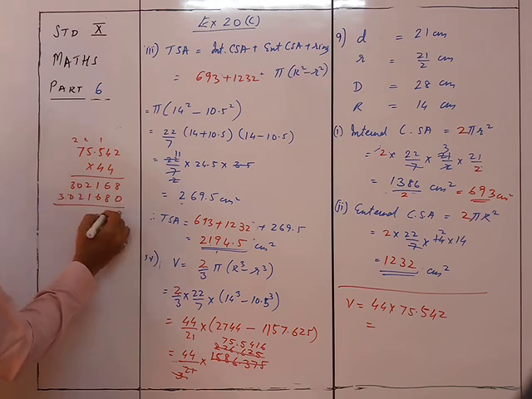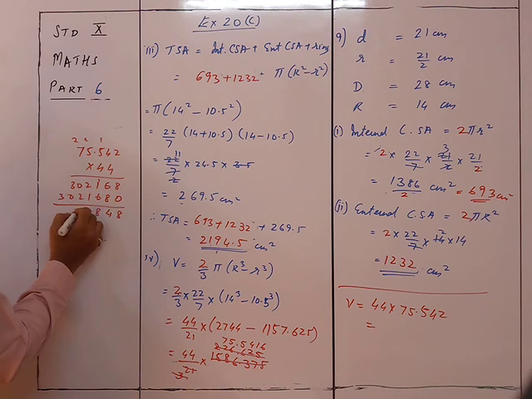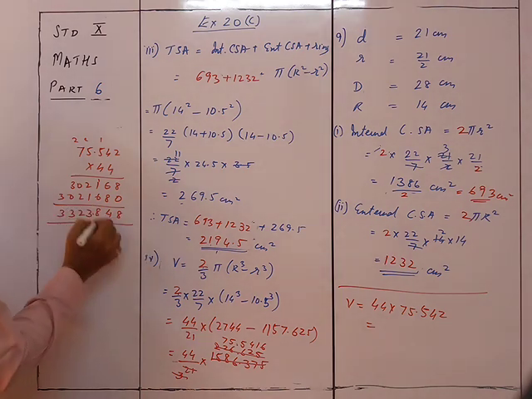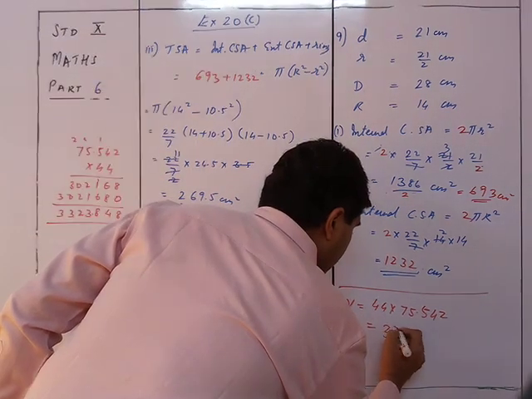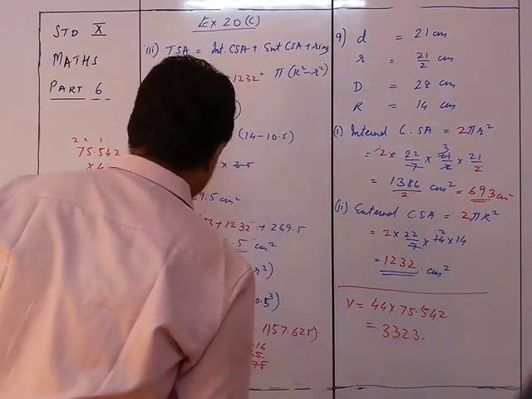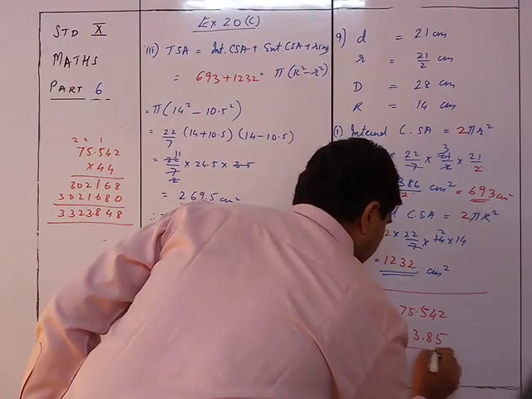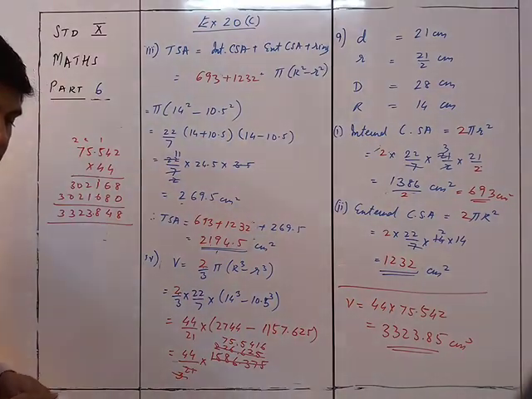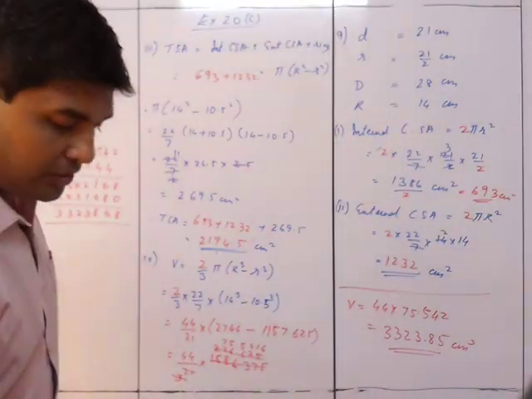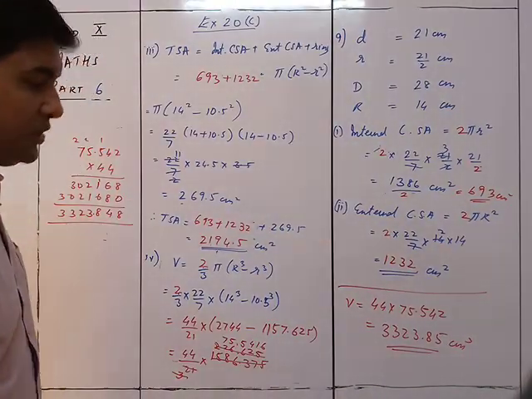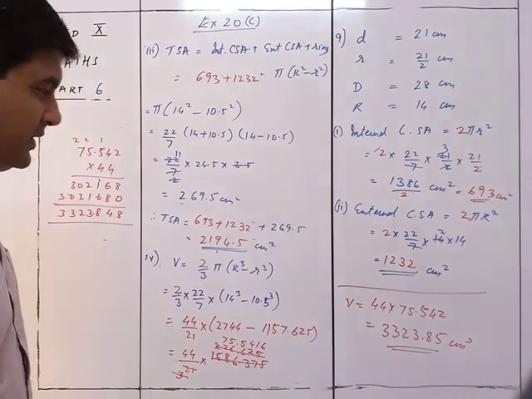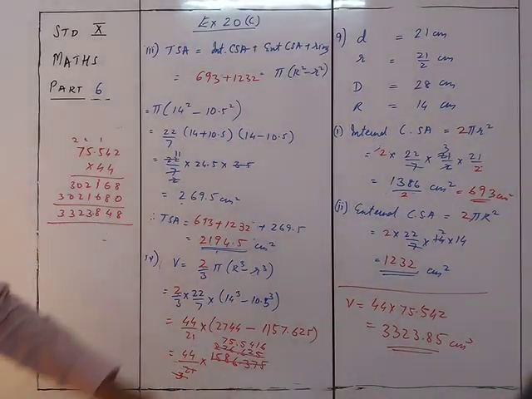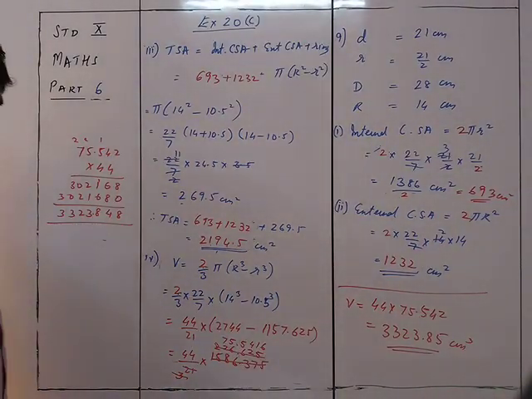It's 8 and then 14, 8, 3, 2, 3, 3. So that gives me 3323.85 centimeter cube. Wow, that was a huge calculation. So it's 3323.85. Yeah, 83 given here, not a problem. So that is the answer, sum number 9.